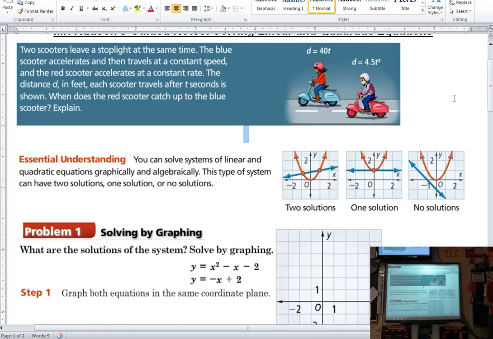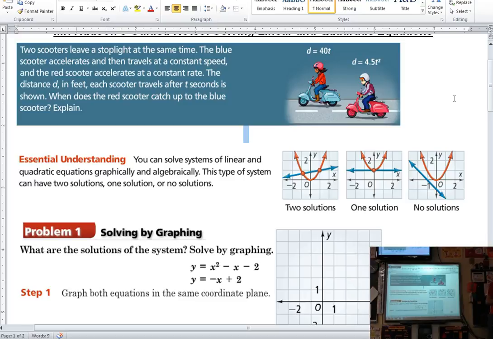Obviously, 0 is a solution. When the time is 0, they're at the start line, but the one scooter's already going. The other scooter has to start. They start at the same place. This guy takes off, and this guy has to speed up. Where do they meet again? It's that age-old problem. If a train leaves here and a train leaves there, when do they meet? But luckily, these are going in the same direction. Those train problems often are going in different directions.